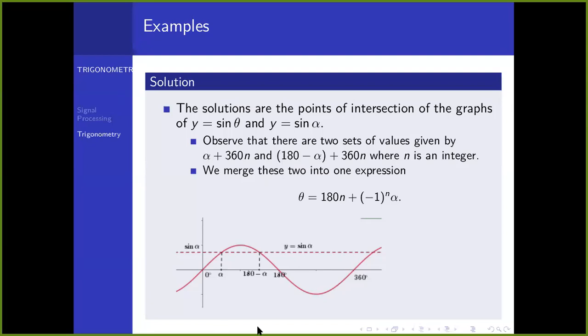If you spend a little time and look at this, you can actually combine both of these into one equation, so that you get theta equals 180n plus negative 1 raised to n alpha. You'll notice that this will be different when n is even, and also different when n is odd.